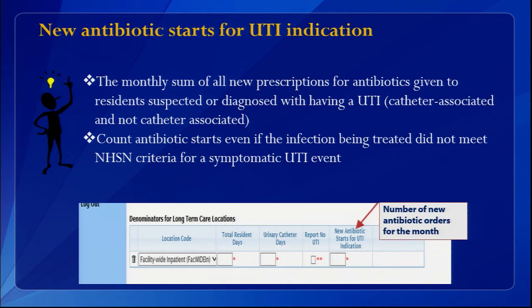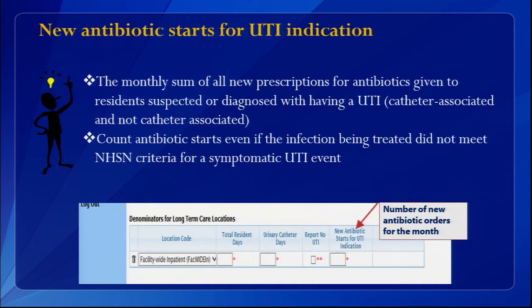I do just want to point out the new antibiotic starts for UTI indication. I want to talk about this a little bit because we do get some questions. For this box, you will enter the monthly sum of all new prescriptions of antibiotics that were given to a resident either suspected or diagnosed with having a UTI, and this includes catheter or non-catheter associated.